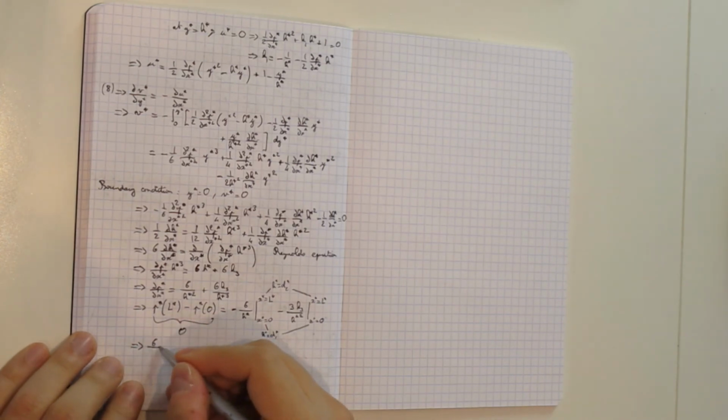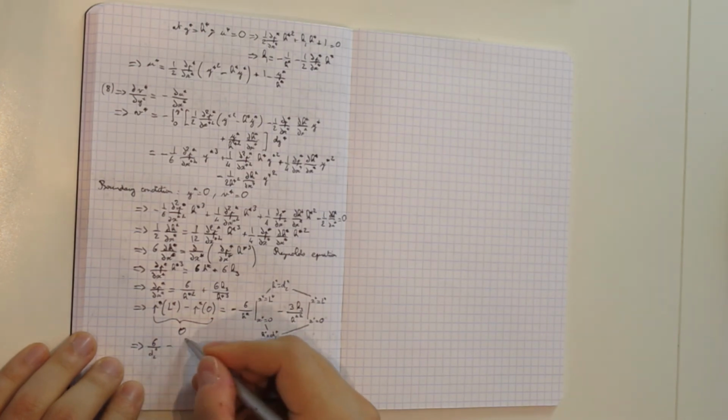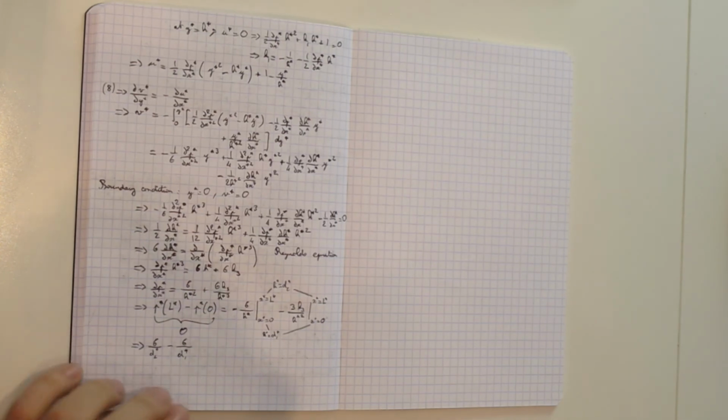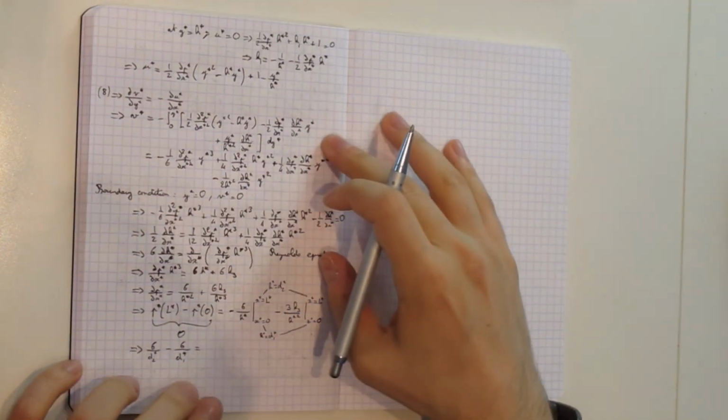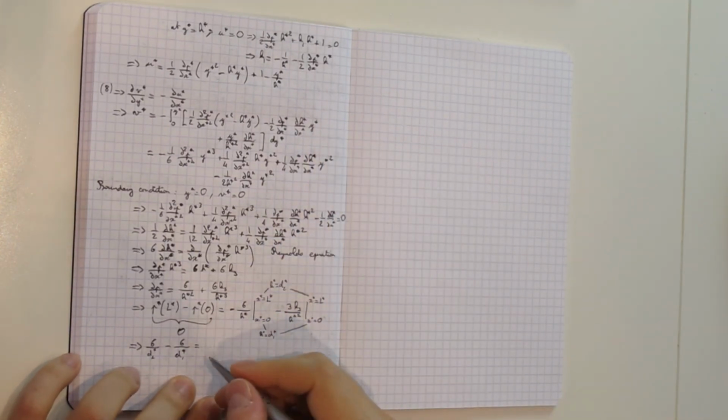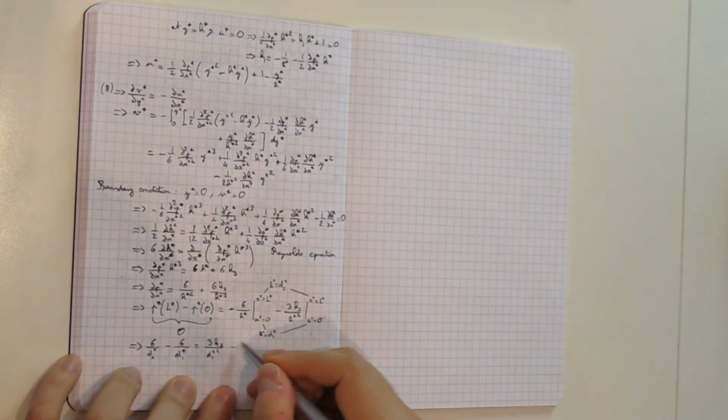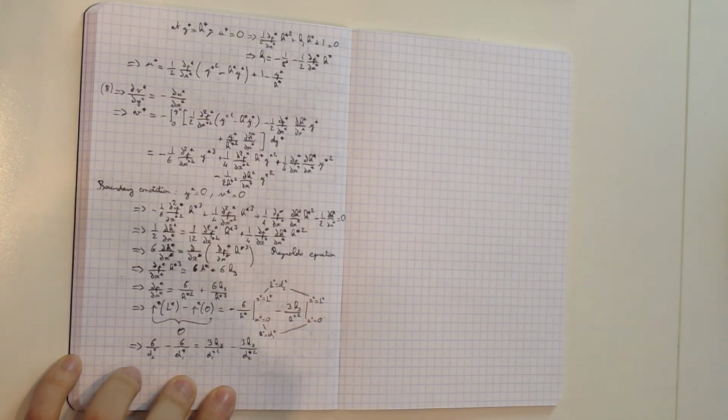That's 6 divided by d2 star minus 6 divided by d1 star, and that's going to be equal to the right hand side, 3k3 over d1 star squared minus 3k3 over d2 star squared.